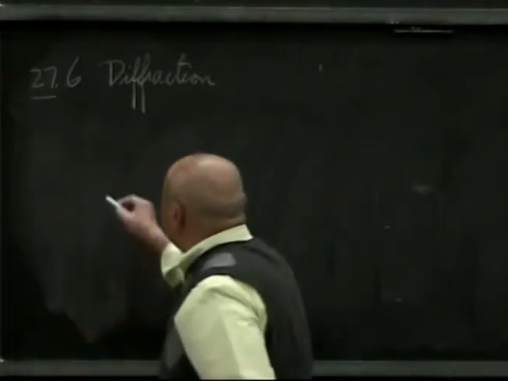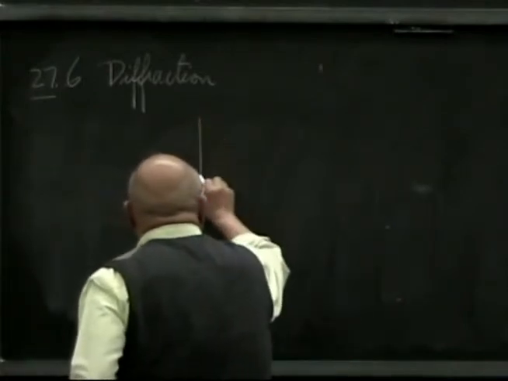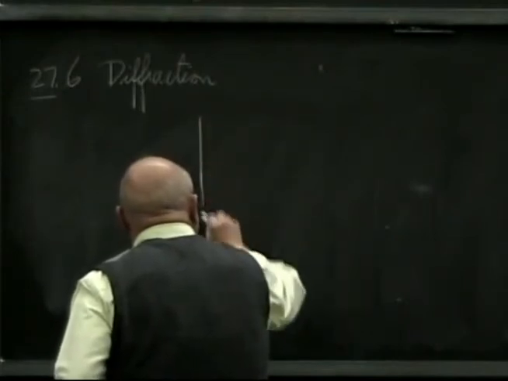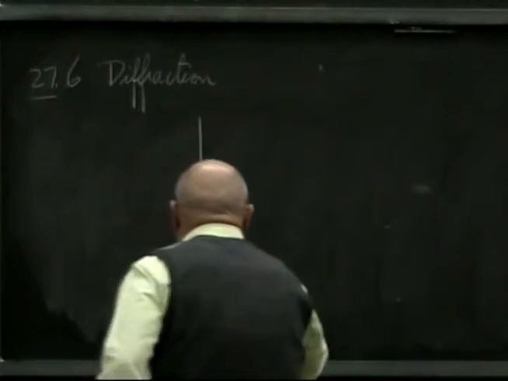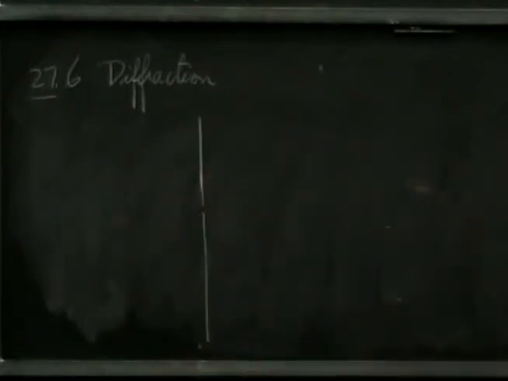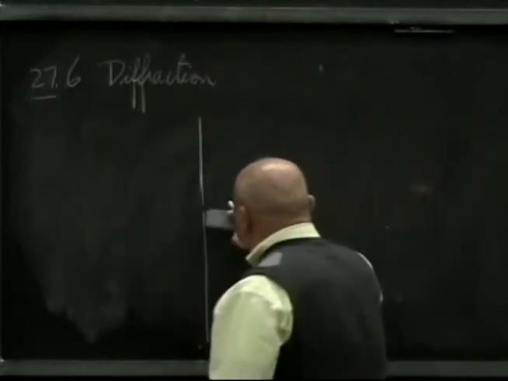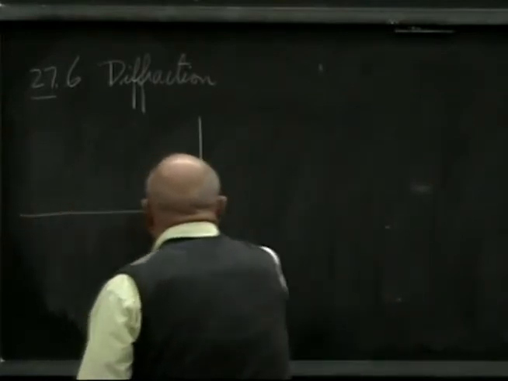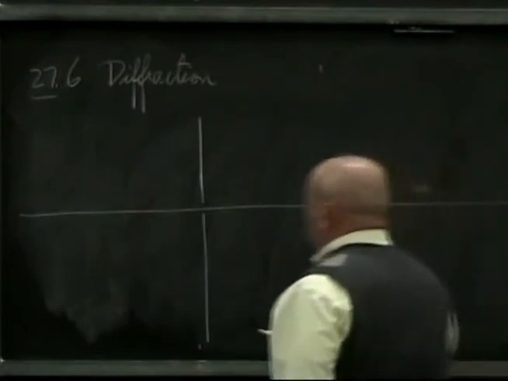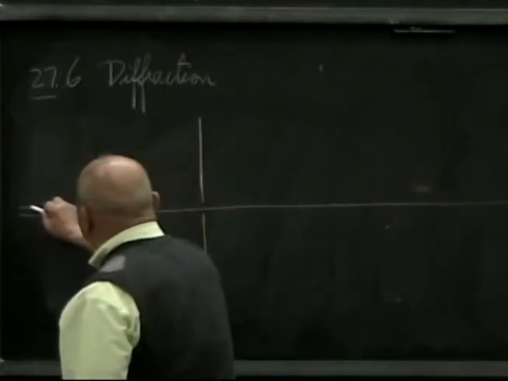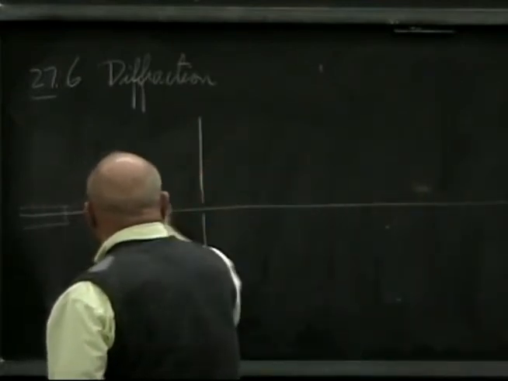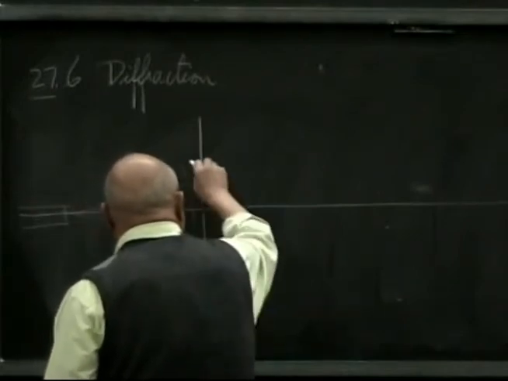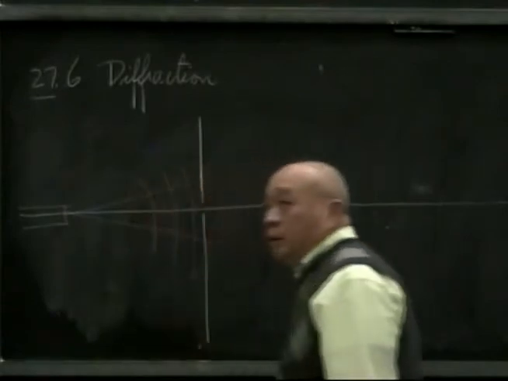So diffraction means the light, so we have the opening bigger. This is called a single slit. So again, the light travels. Here is a laser beam spreading out.